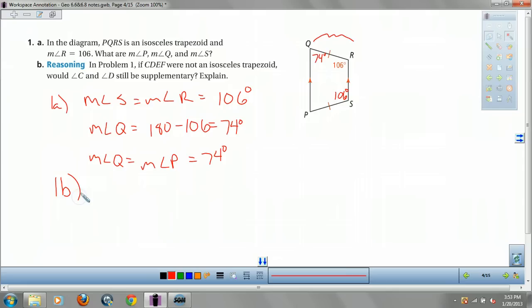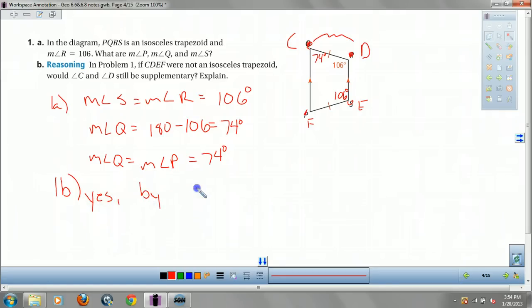1B. Okay. If it was not an isosceles trapezoid, would C and D be supplementary? In problem 1, here, let's change this. C, D, E, F. Yes.